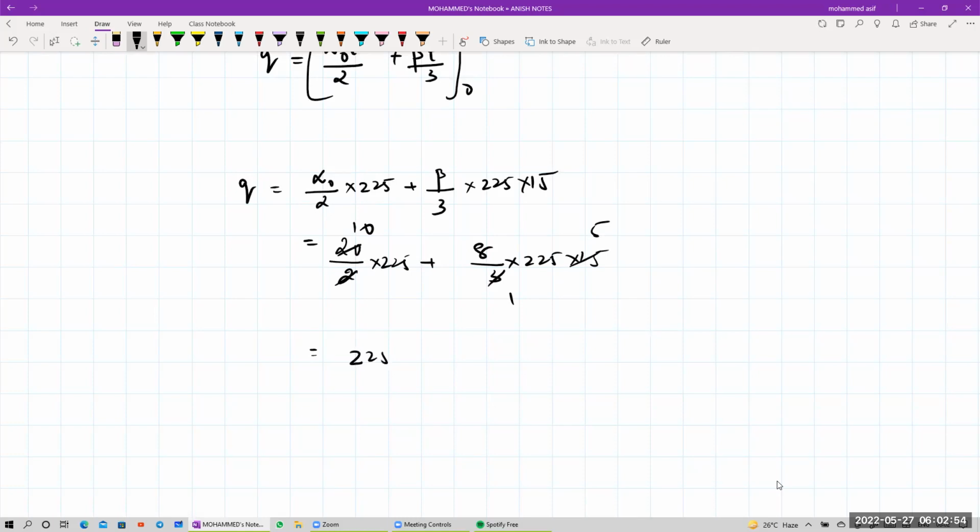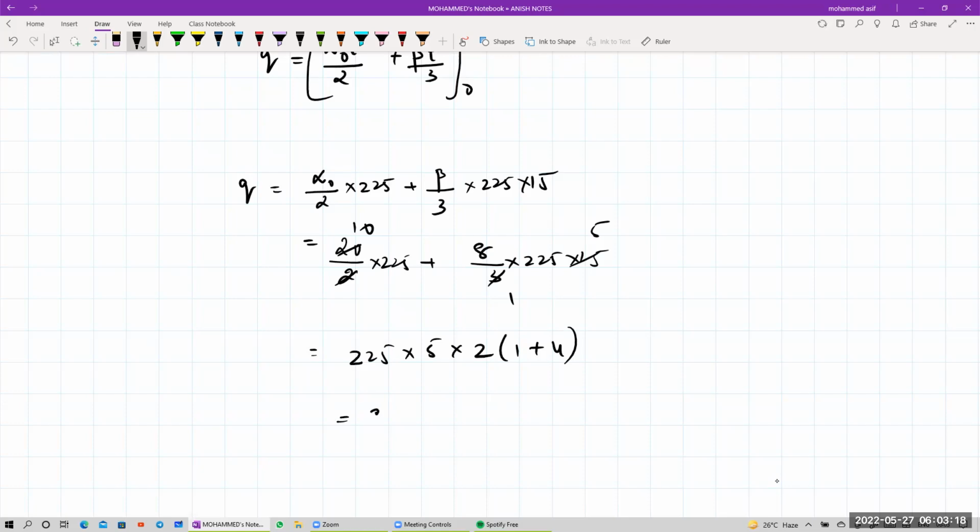225 is common, into 5 into 2. 5 into 2 into 1 plus 4. Can I write like this? Understood? No doubt? No, sir.